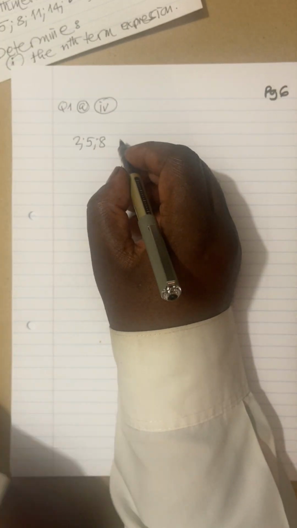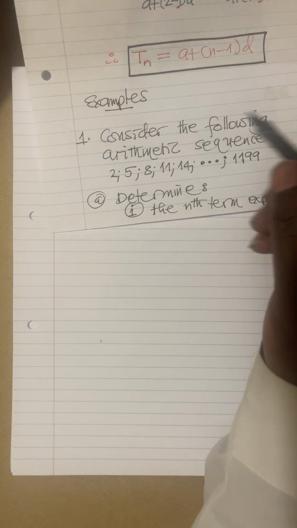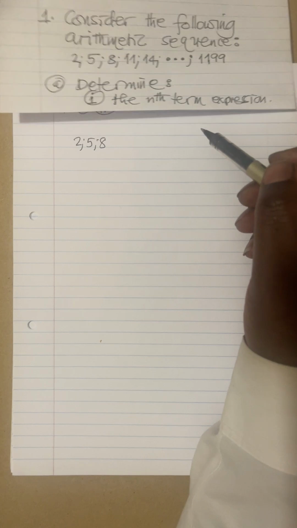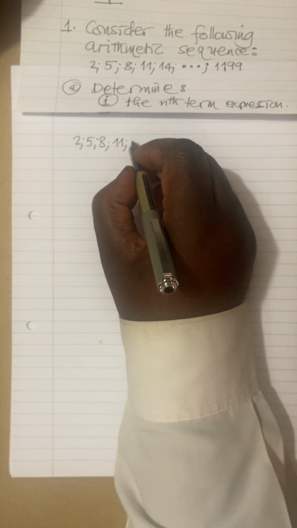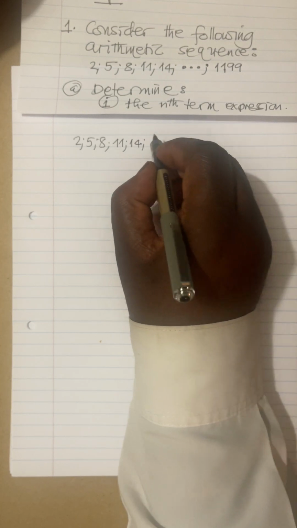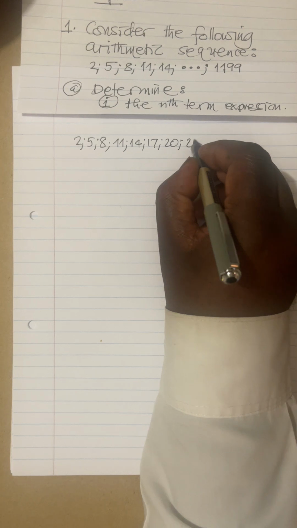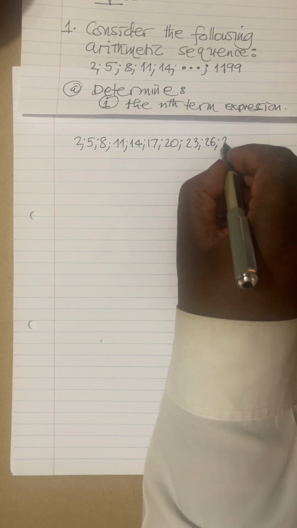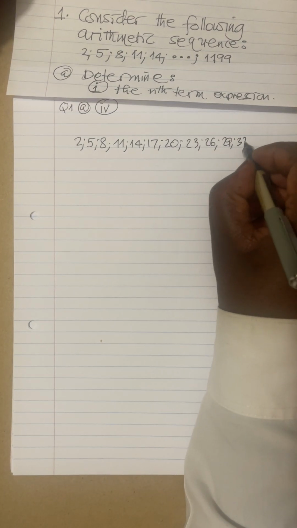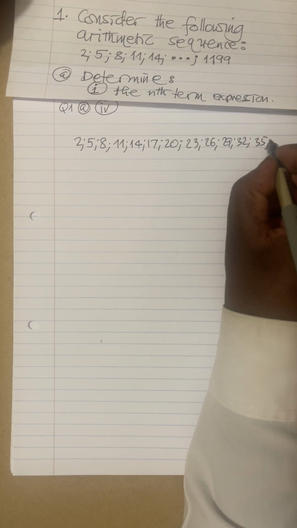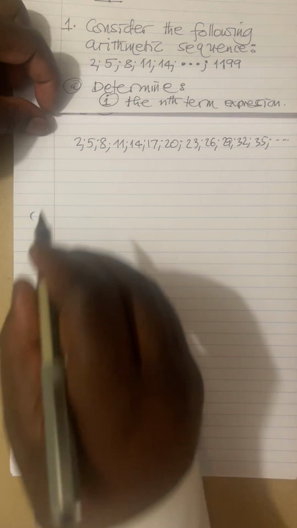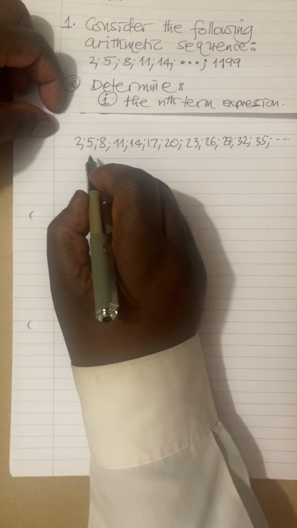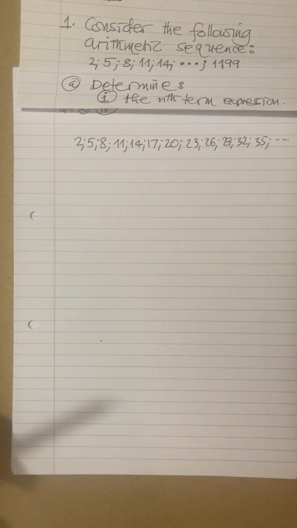I'm adding 3, remember. It's 2, 5, 8, 11, and so on. I constantly add 3. So this is going to be 11 plus 3, it's 14 plus 3 is 17 plus 3, 20 plus 3, 23 plus 3, 26, 29, 32, 35. You can clearly see there that we are now beginning to see the terms that are divisible by 5. Let me use a red pen here.